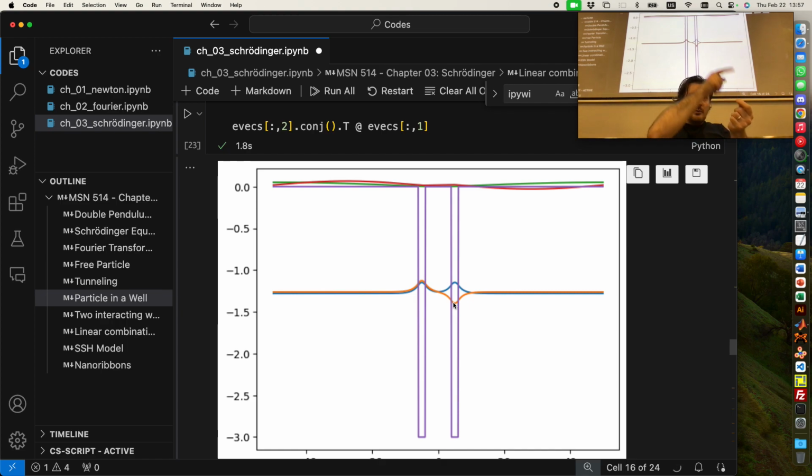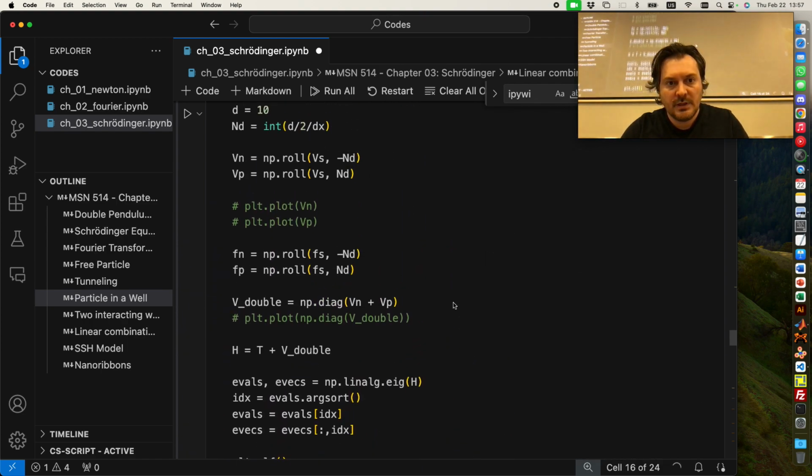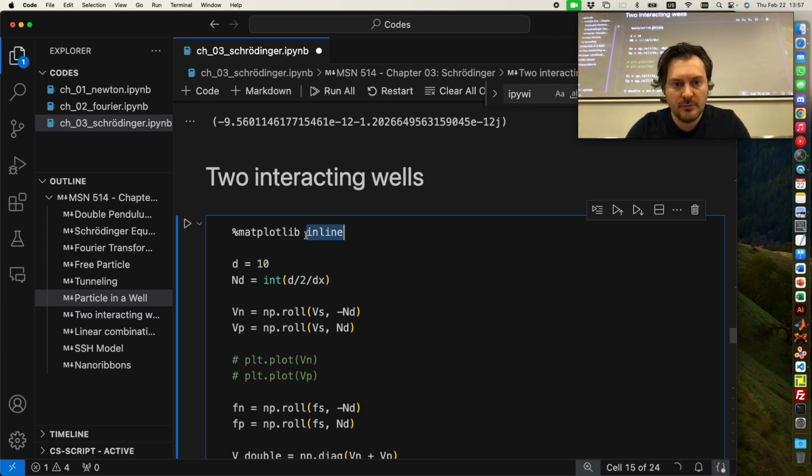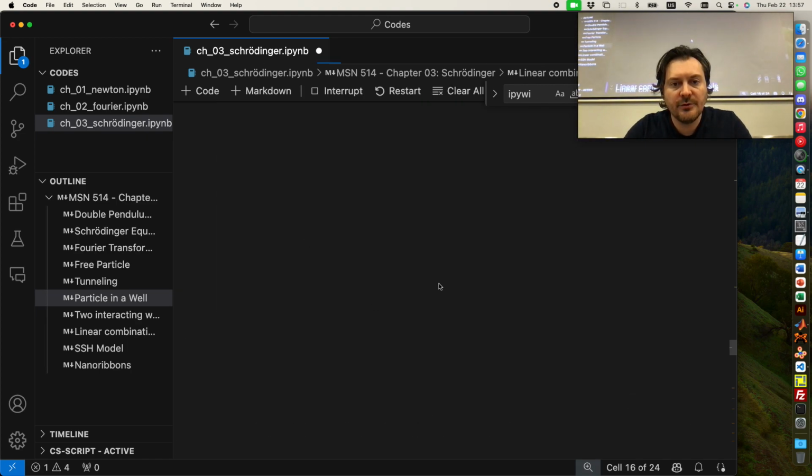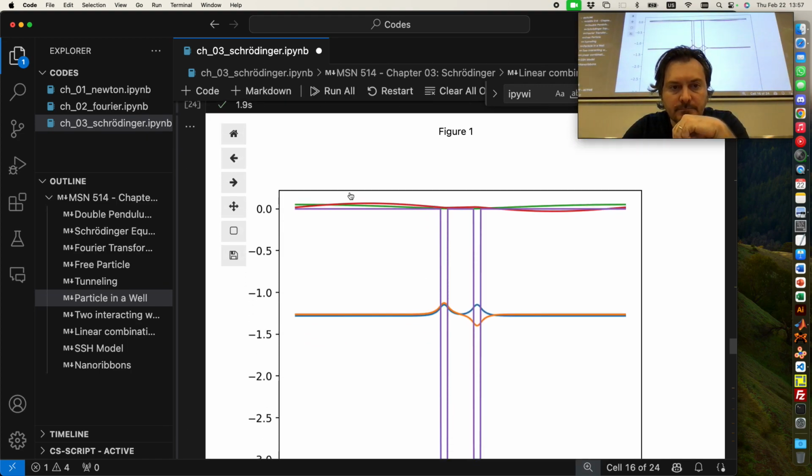Instead of getting just one electron over here, we are getting this one plus that one, which has lower energy, and this one minus this one that has a bit higher energy. That's what's going on. Okay, let me switch to widgets so that we can get a closer look at this.